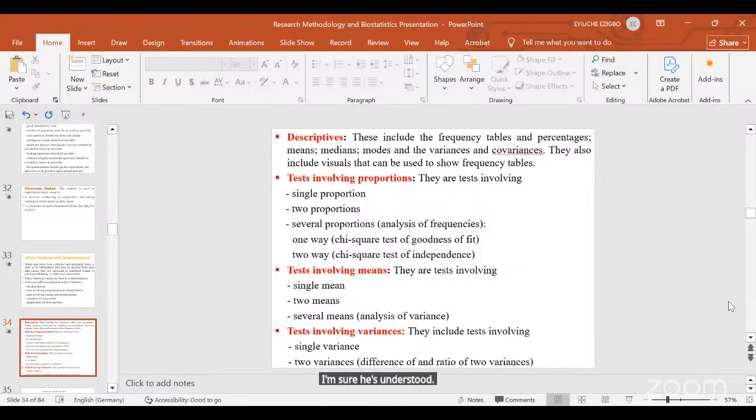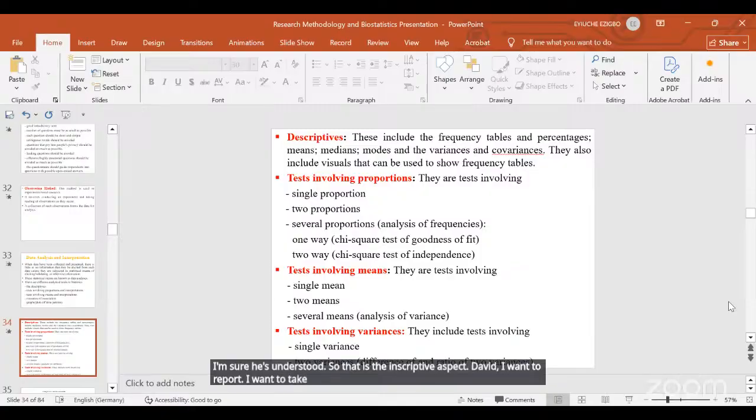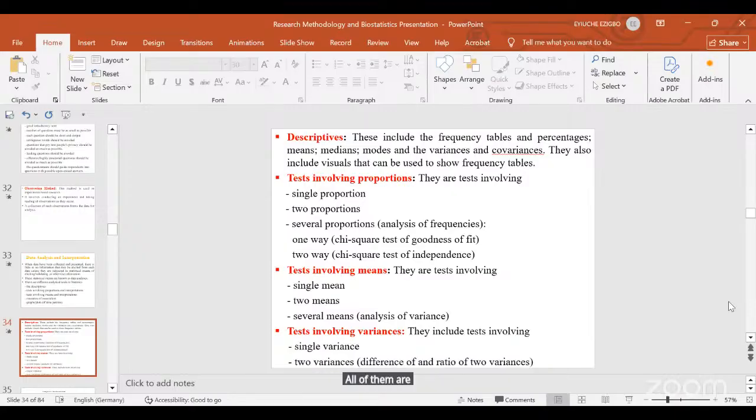So that is the descriptive aspect. Maybe I want to report. I want to take percentages, percentage of the responses that belong to this, percentage that belong to that, and so on. All of them are what? Descriptives. The next part is that we can as well begin to have different tests of hypothesis, which of course is influential.